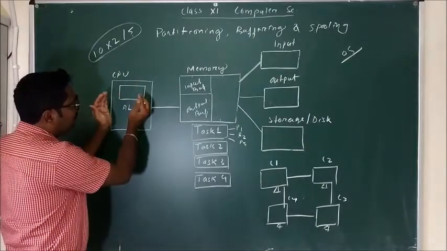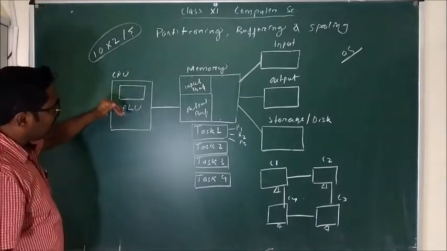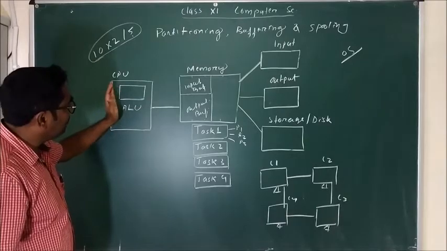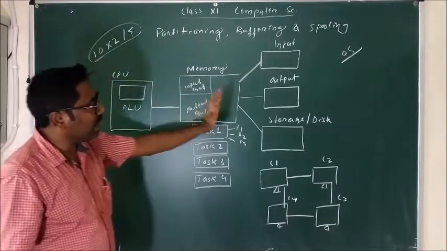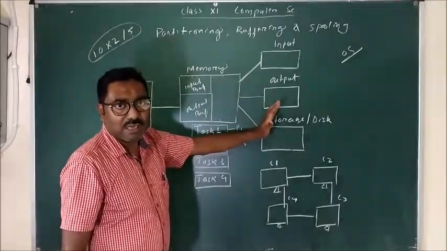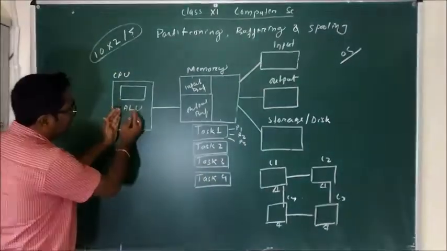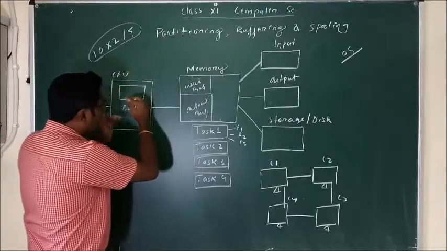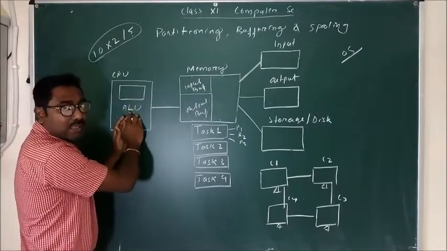Suppose it needs to take some printout. It takes some time to print, and for that period the CPU would have to be idle or wait until the printer completes its task. To avoid that waiting period, the CPU sends the command to the output buffer and itself becomes free for the next instruction to be executed.